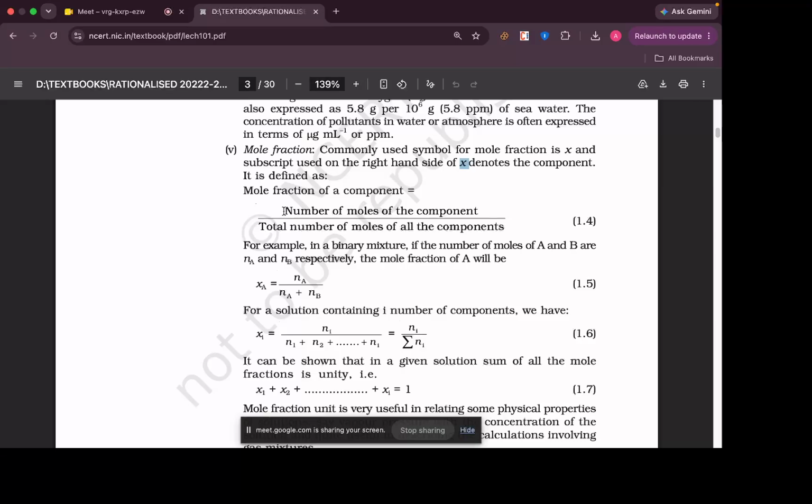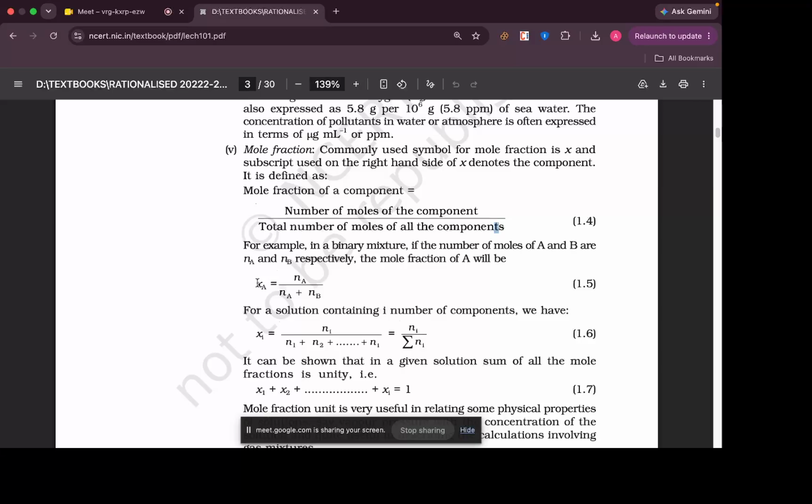So the number of moles of the component. Okay, done. But when we are getting into a fraction, the total number we need at the bottom. Now you will say, sir, where is 100 into 100? Are we talking about percentage? No. We are talking just about fraction. So here I have to stop.